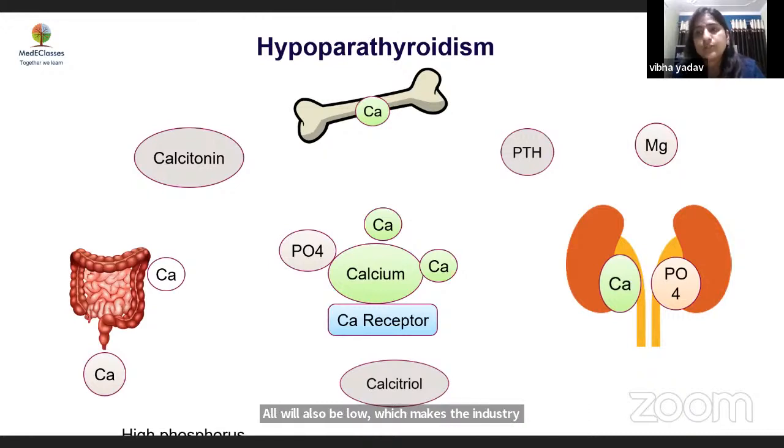So it will also decrease the absorption of calcium in hypoparathyroidism. So the patient will have high phosphorus and inappropriately low PTH, and they definitely present after 3 days, not in the very early period. So always keep in mind that if the patient presents after 3 days, hypoparathyroidism could be the cause of hypocalcemia.